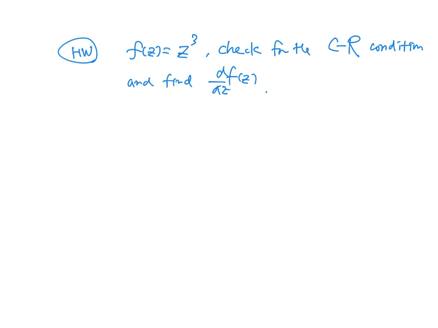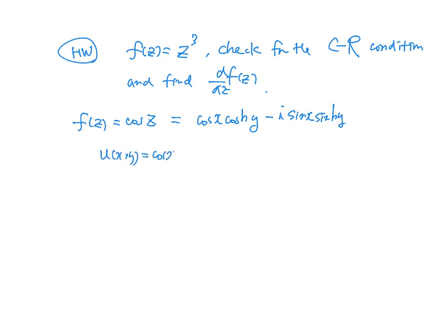Let's try a little bit more complicated function. Cosine z. Anybody remembers the expression? Cosine x cosine hyperbolic y minus i sine x sine hyperbolic y, right? So u(x,y) is cosine x cosine hyperbolic y. v(x,y) is minus sine x sine hyperbolic y.